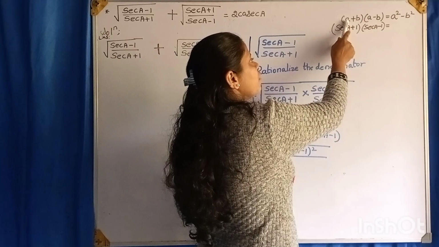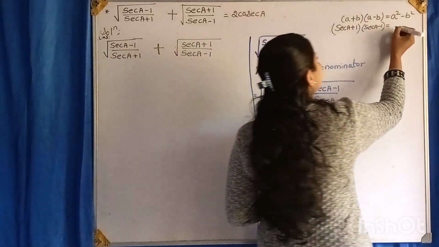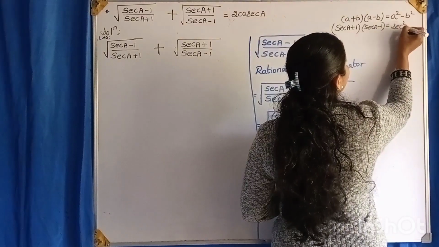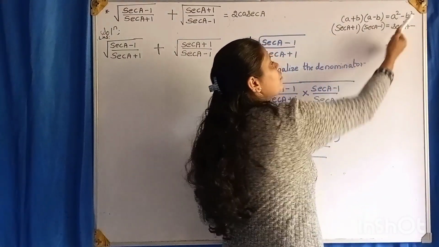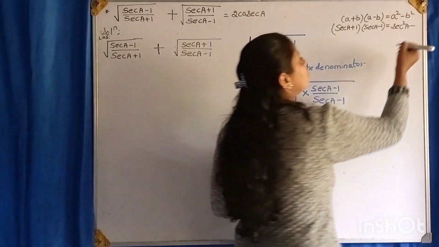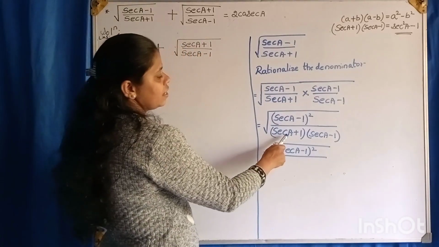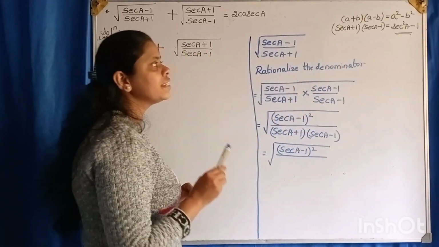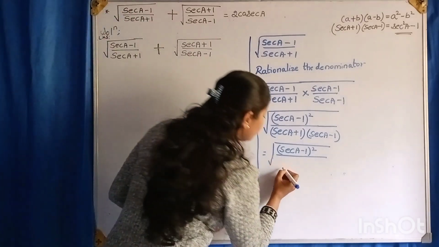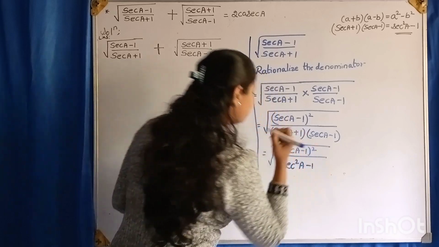In the place of a we have secant a, therefore a square becomes secant square a, minus, in the place of b we have 1, it will become 1 square, nothing but 1. Therefore, secant a plus 1 into secant a minus 1 we can write as secant square a minus 1.